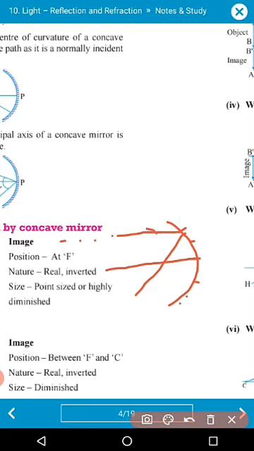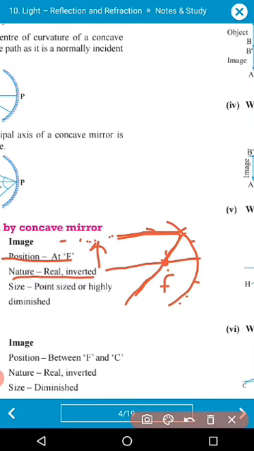Whenever the object is put at infinity, the reflected ray intersects on the principal axis. So the image is formed at this point. The image is formed at F.